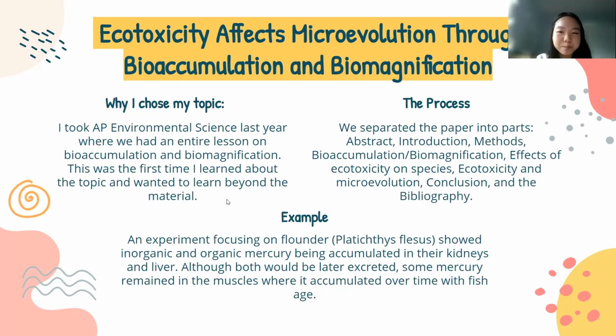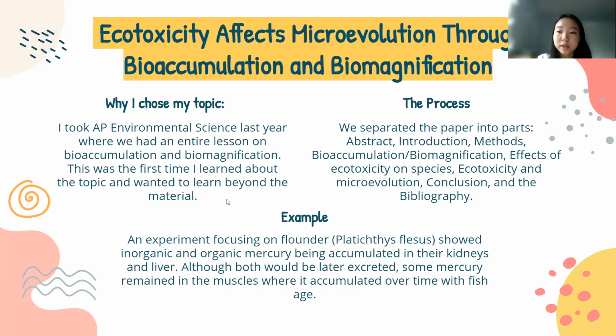This is where I introduce what pollution is and basically how it forms through pollutants. Many of these pollutants are heavy metals, mercury and lead, which are commonly found in these species.